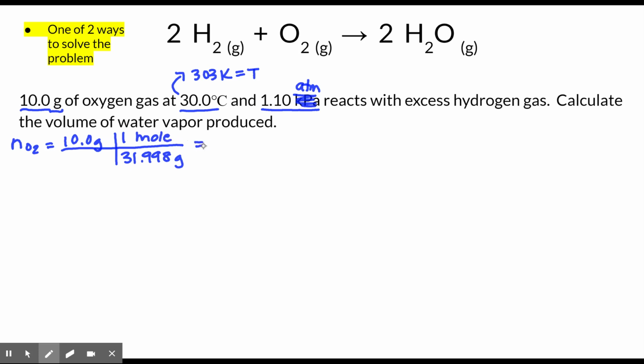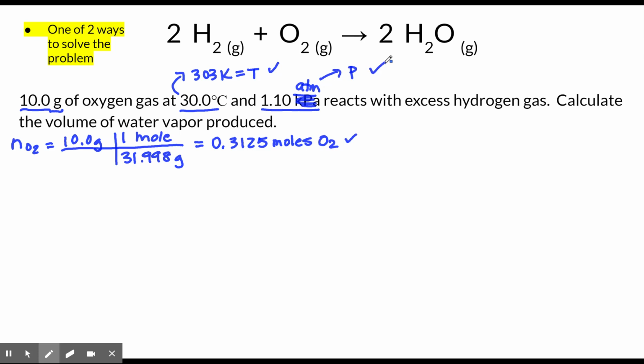So 10.0 divided by 31.998 is 0.3125. So there's our n value, just as we have our T value, and we have the pressure given.